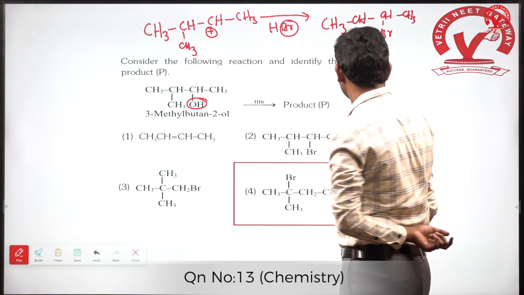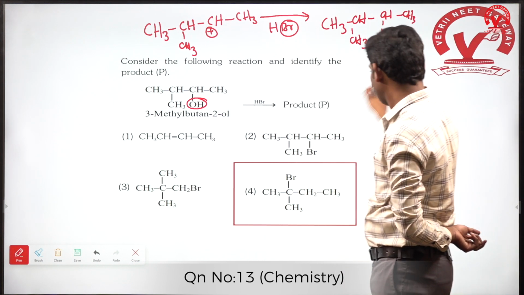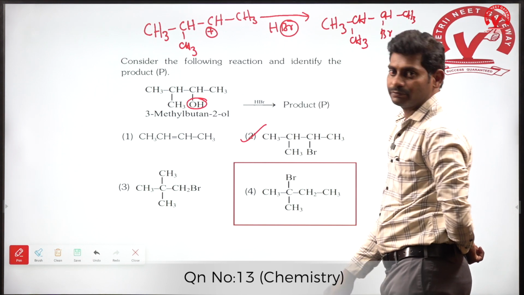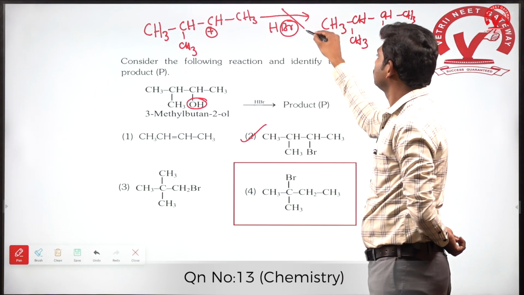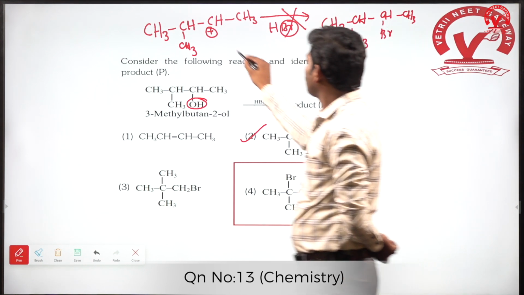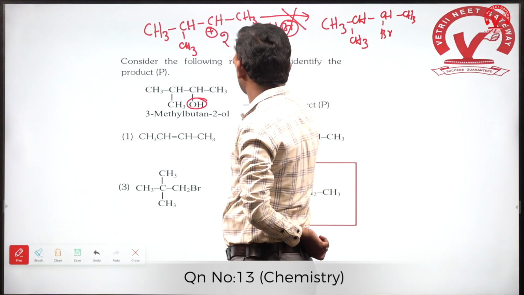Normally we expect it like this. But what is the answer here? Yes, the second one is the answer. But this is wrong, because the formed carbocation is a secondary carbocation.